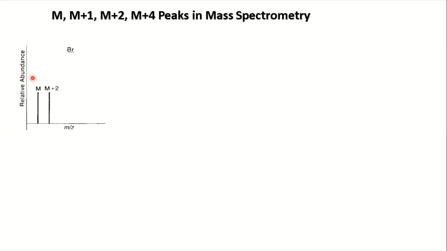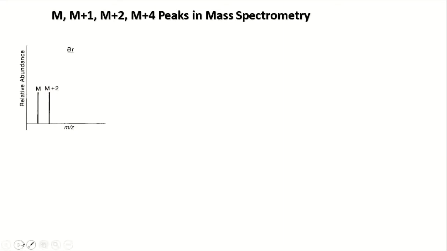This M means the 79 isotope. The Br plus is due to that 79, and that is 50.5%, and the M plus 2 is 49.5%. They are very close, very tiny differences, so the heights are almost similar. And definitely it is the M which will give the molecular ion peak.